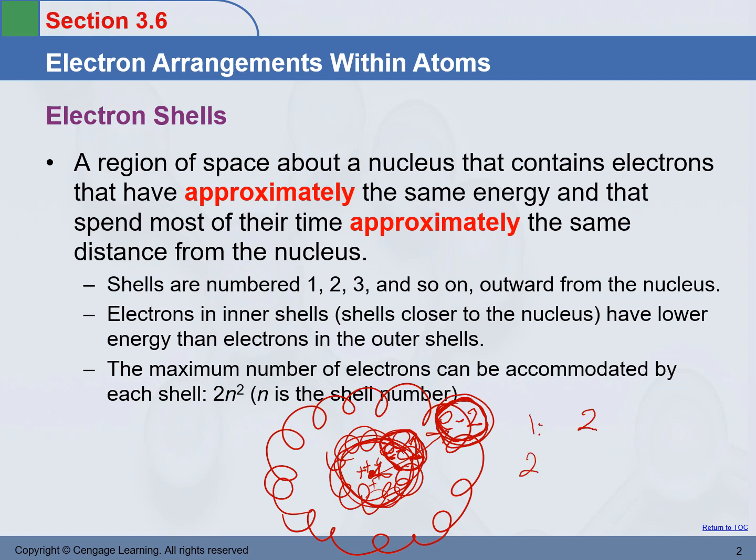Shell number 2 can have 8 electrons by using 2n squared. Shell number 3 can have 18 electrons. This is the maximum number of electrons each shell can have. It doesn't have to have that many electrons, but that's the capacity of it.